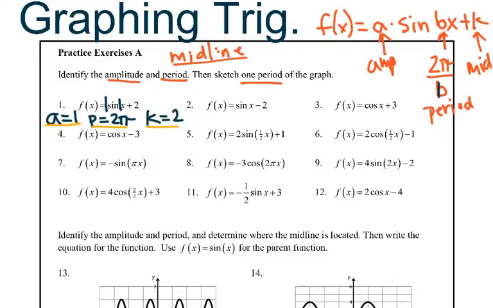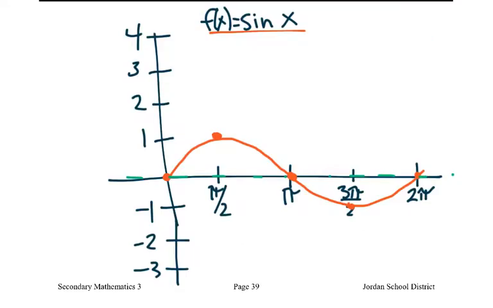All right, so number 2 is also a sine function, so let's do that one. We'll just deal with the sines first and then do cosines. So, amplitude of 1. My b is 1, so my period is 2 pi. And now my k, my midline shift, is negative 2. So essentially, I would draw that same graph, except this time we're going down 2 for every point.